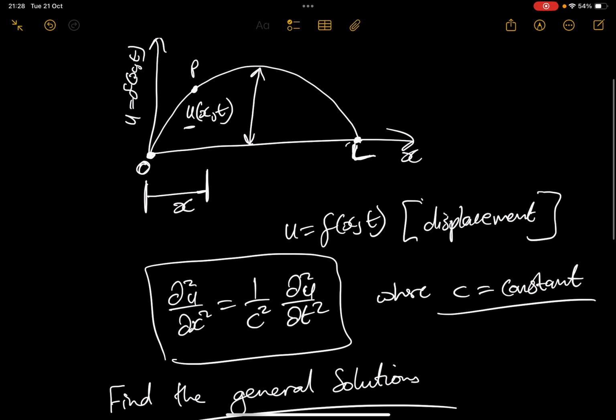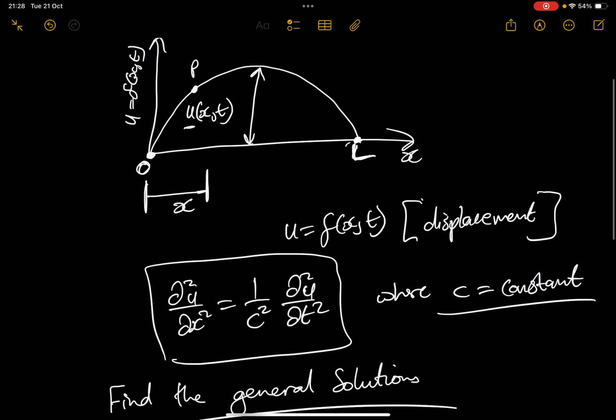So from here, remember, this is our equation that we want to evaluate. So using the trial equation, we need to come up with the second partial derivative with respect to x, and also the second partial derivative with respect to t. So let me just rewrite this in its simplest form. This is XT, like this. So now let's differentiate this.